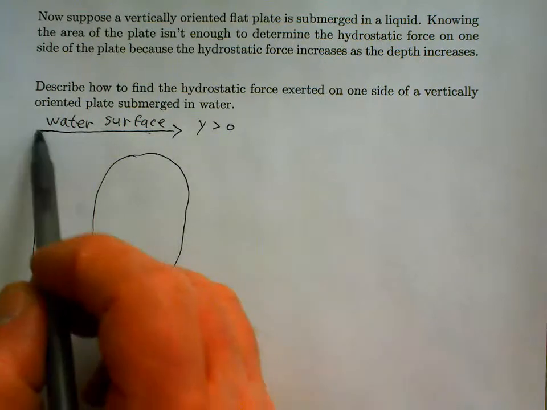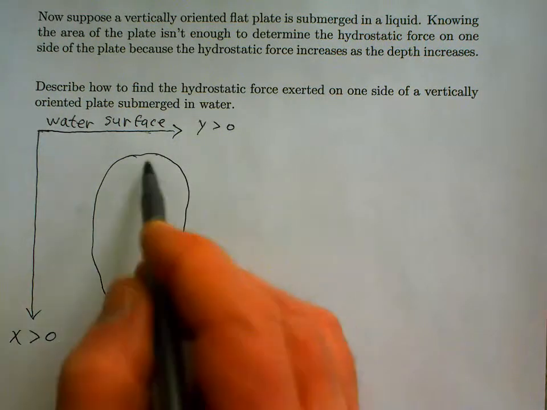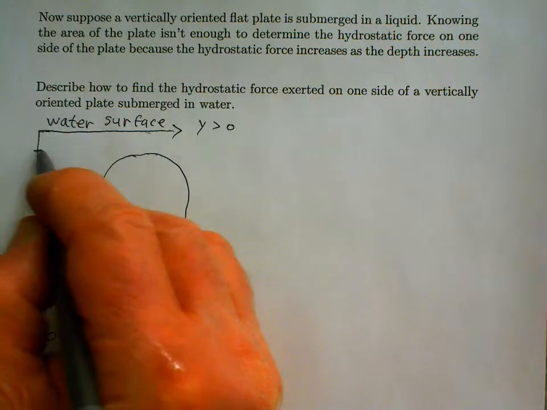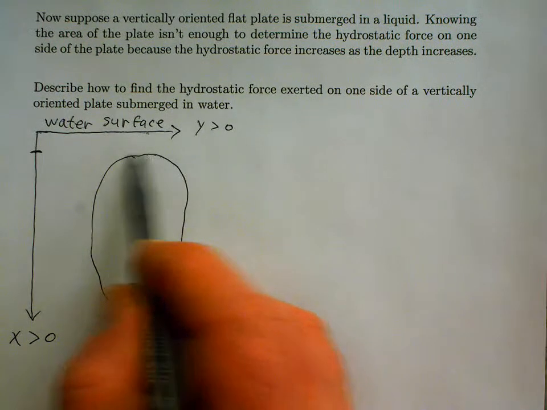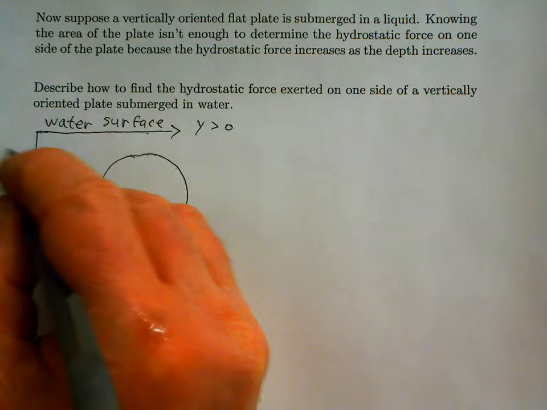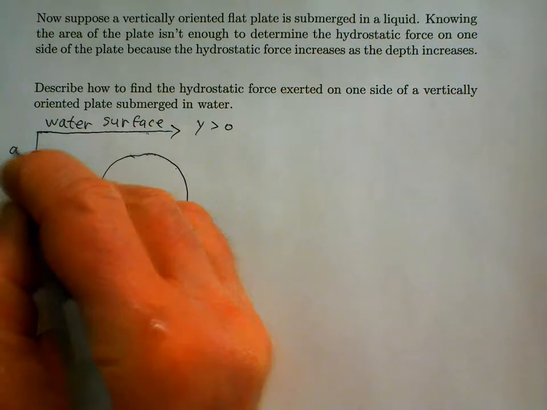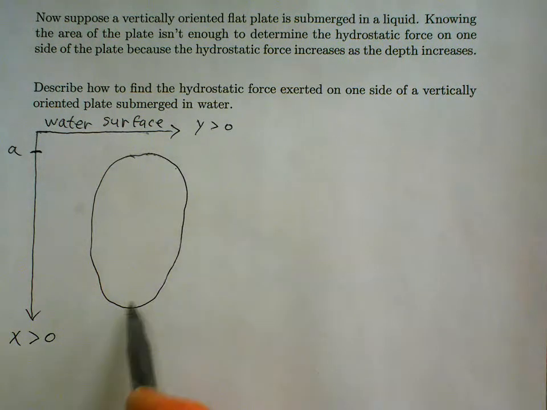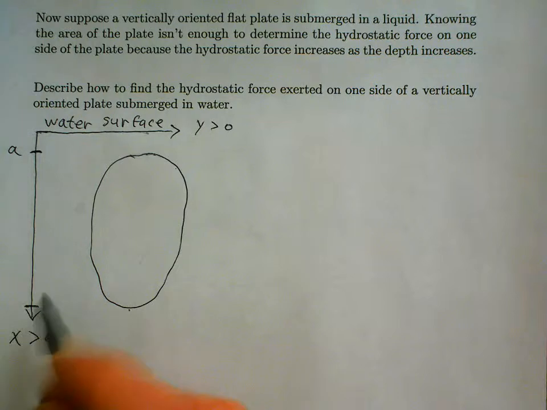Okay, well, on the positive x-axis, the top point of the plate, let's refer to that as x value A, and the bottom x value B.